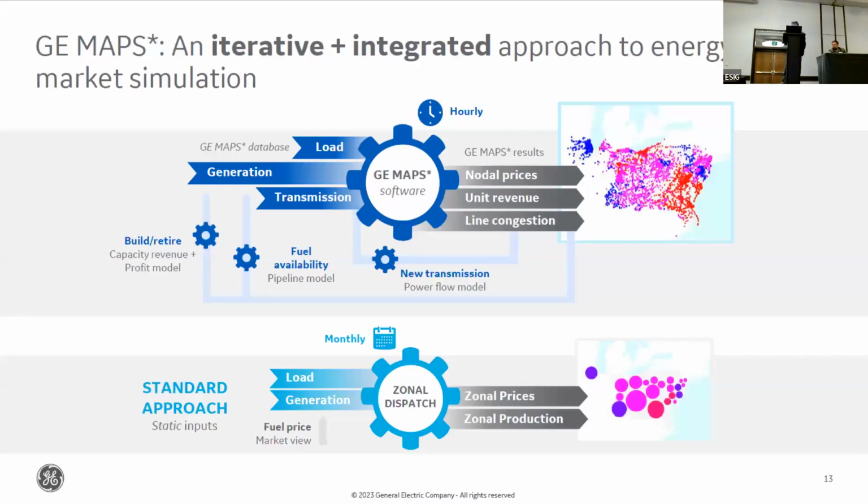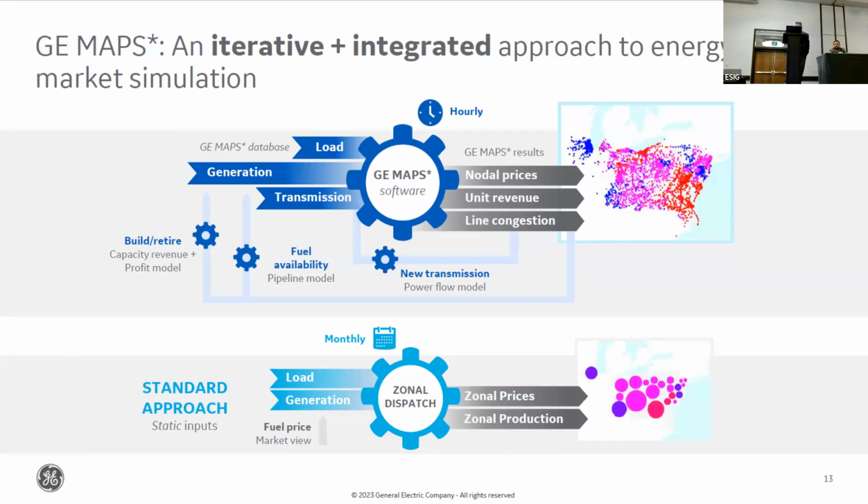So I'm going to go through, at a high level, some of the modeling that we do in GE MAPS. GE MAPS is a nodal model. We represent the three primary systems in the U.S.: Eastern Interconnect, ERCOT, and WECC. And we have separate models for each of those.